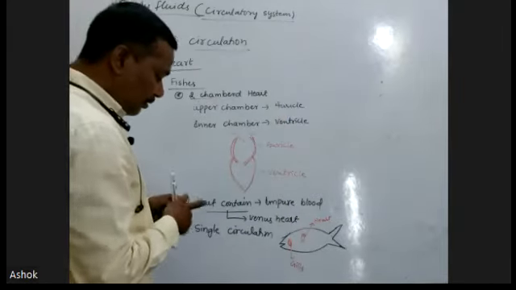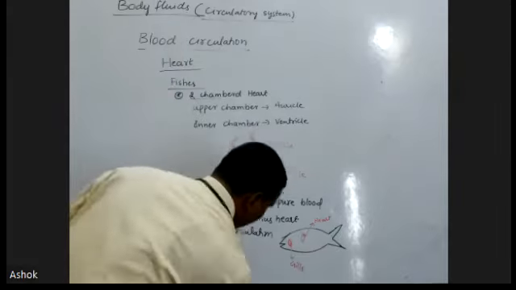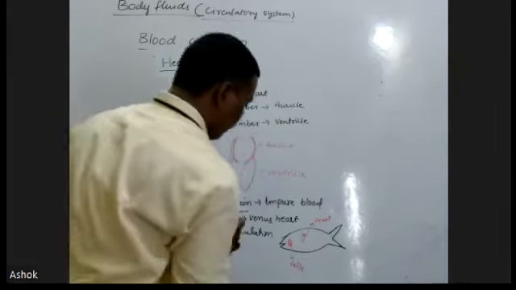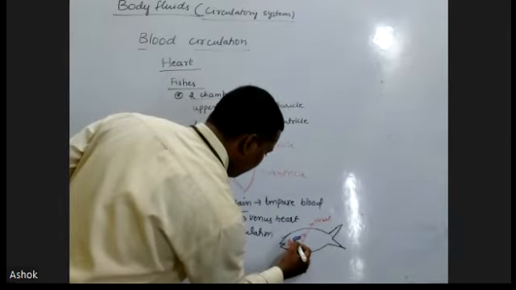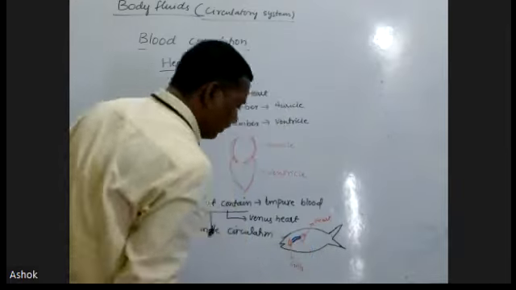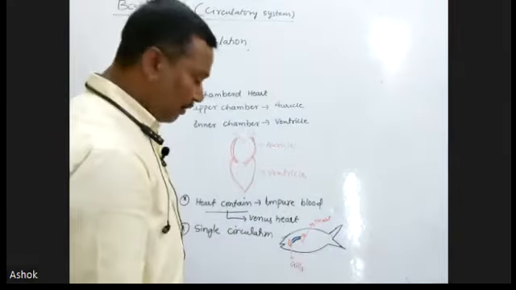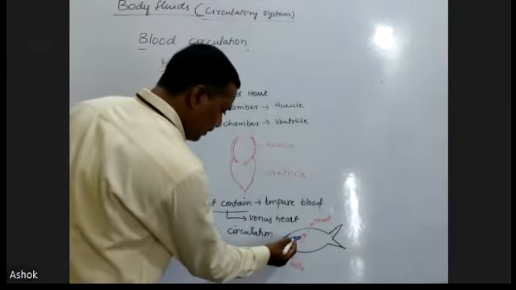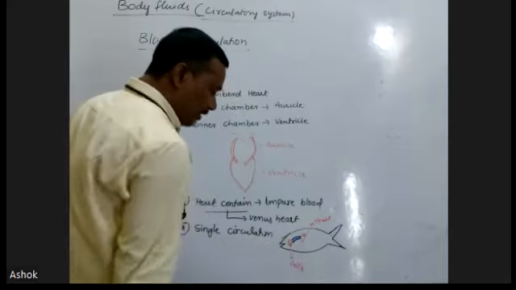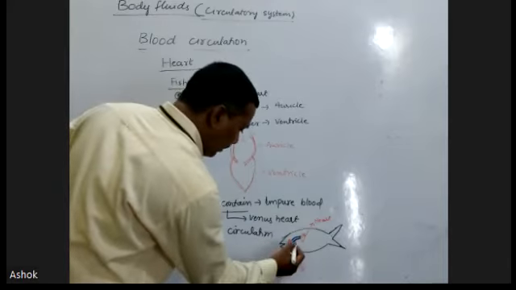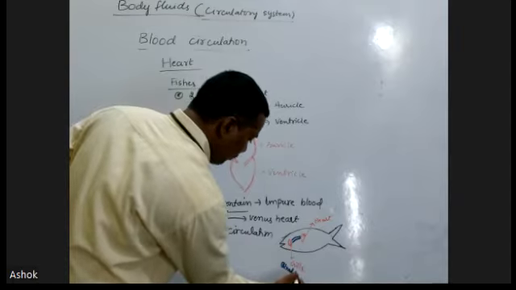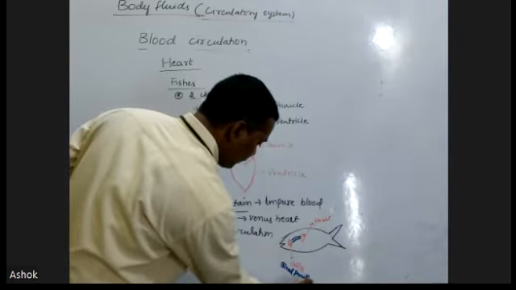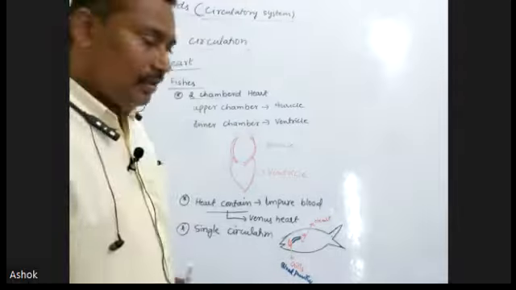From the heart, the blood enters into the gills. Near the gills, the blood is purified.